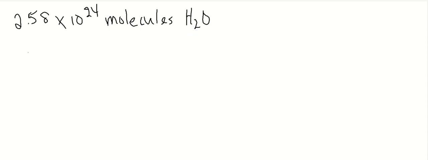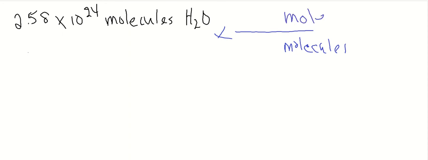Conversion factors are things that are equal to each other, so they don't change the value, but they do change the units. So we need a conversion factor to get rid of molecules. Molecules has to go on the other side to cancel out molecules. And then we need to first convert that to moles.